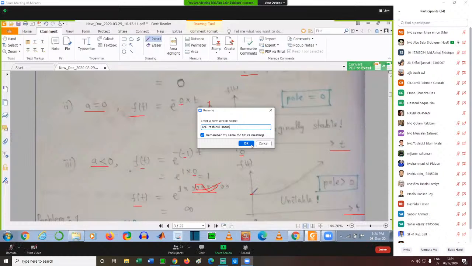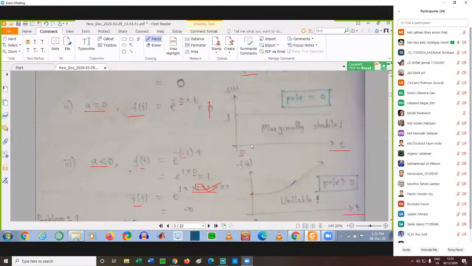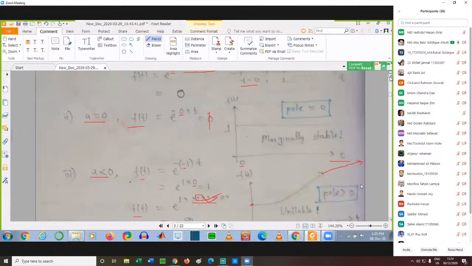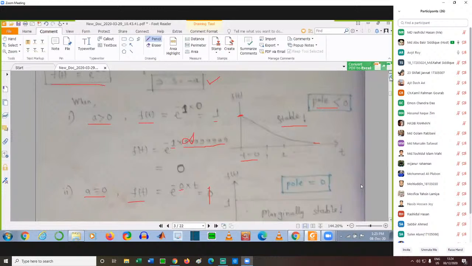So we are going to start from 1, and it goes up and up to the infinite point. So when time t equals infinity, it goes up to the infinite point. From this discussion we can assume that there is a general trend with the pole and the stability.